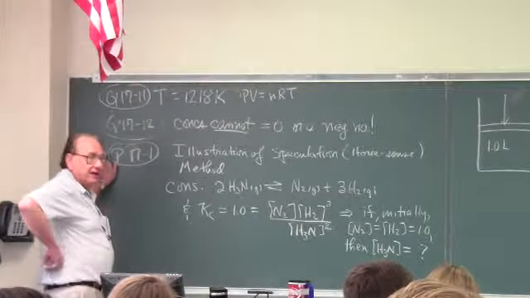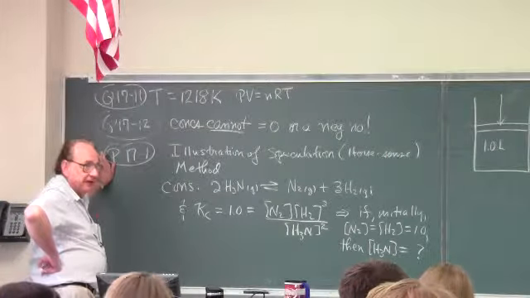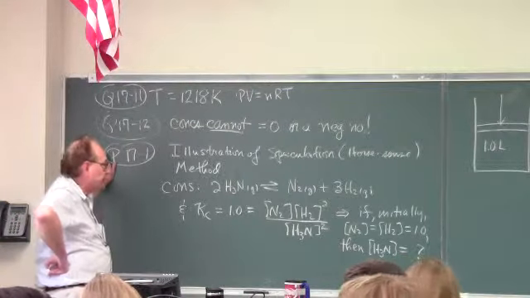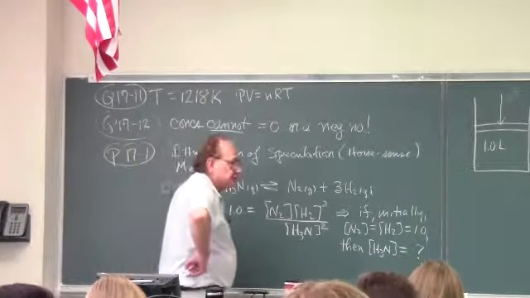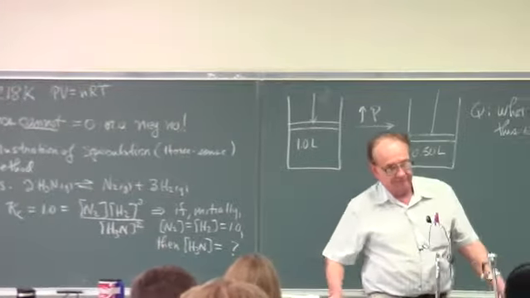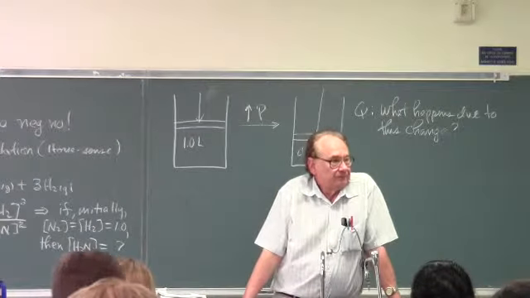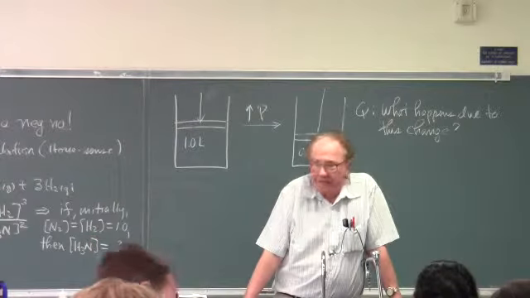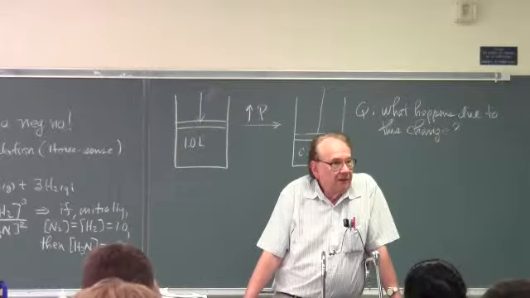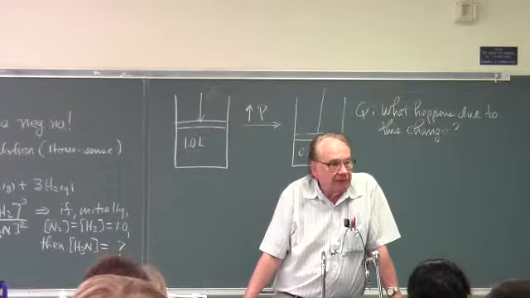Now let's take a look at challenge problem 17.1, which illustrates the speculation method, which is discussed in the notes just before the challenge problems. You might just as well call the speculation method the horse sense method. What the horse sense method, the speculation method, is based on is making, as well as you can, horse sense assessments of what kind of numbers you can get when you solve equilibrium problems.